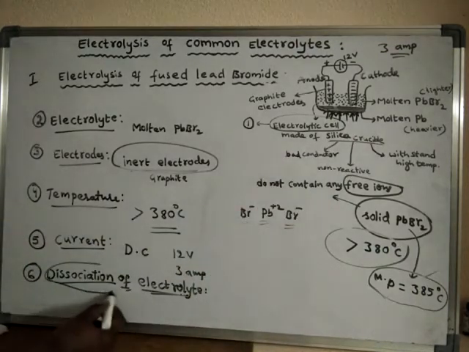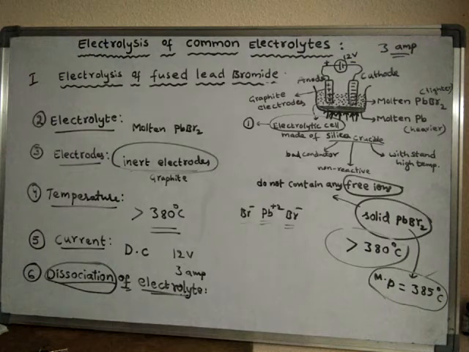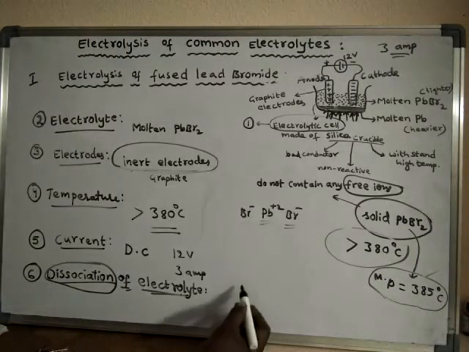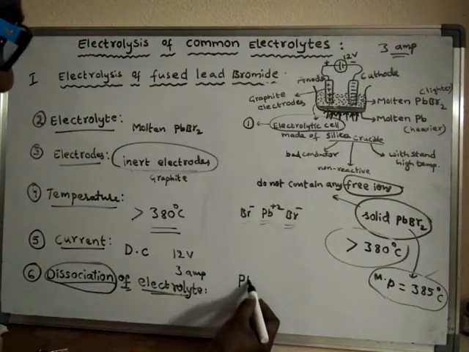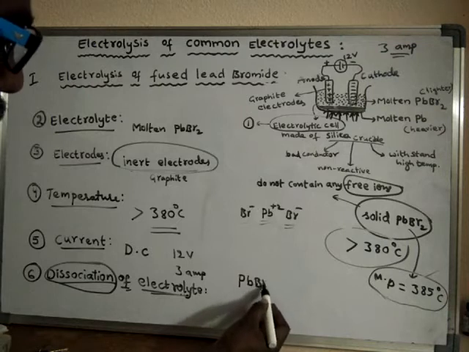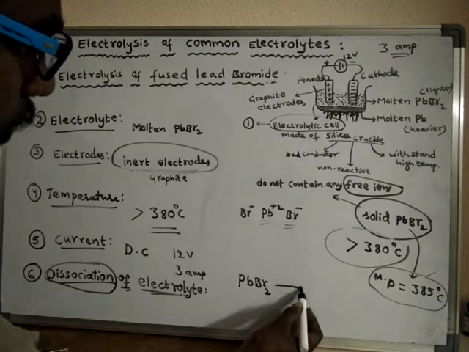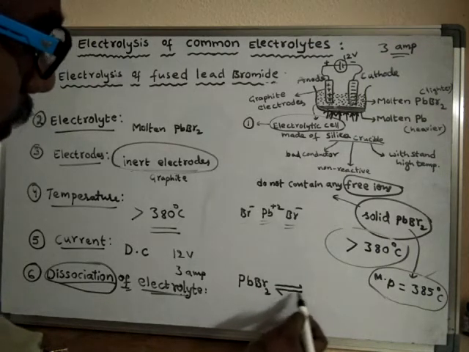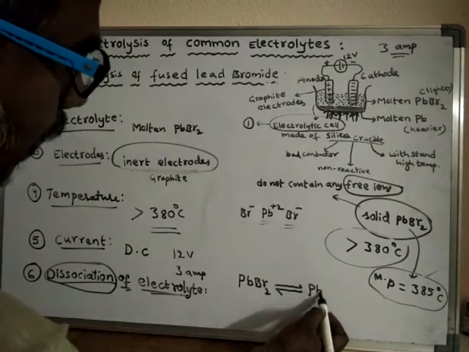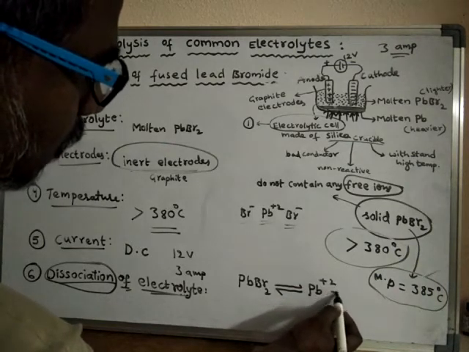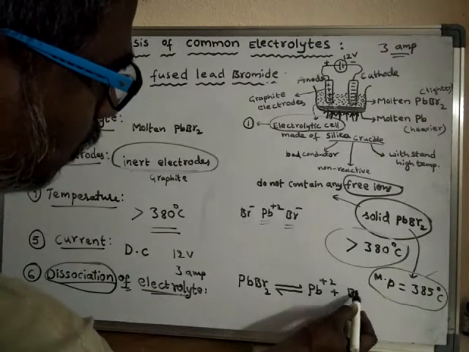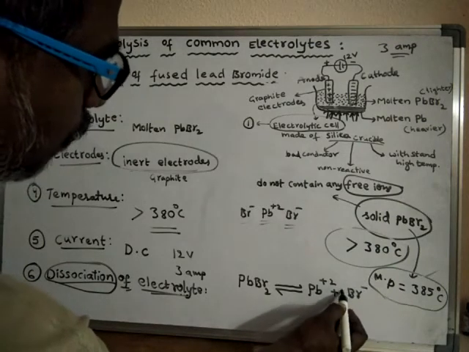What is the meaning of dissociation? Dissociation means breaking down. At that temperature, lead bromide will break down into free ions, lead ions and bromide ions.